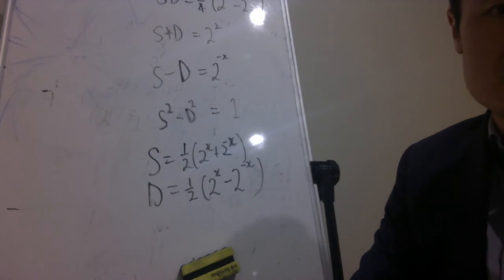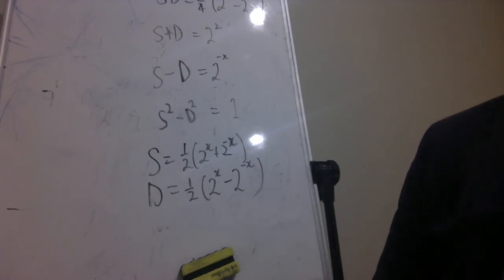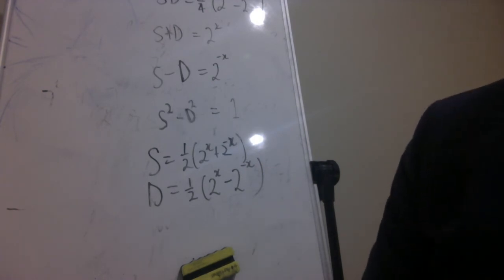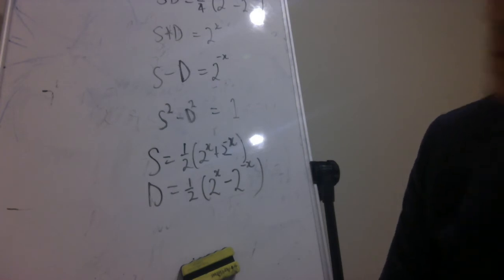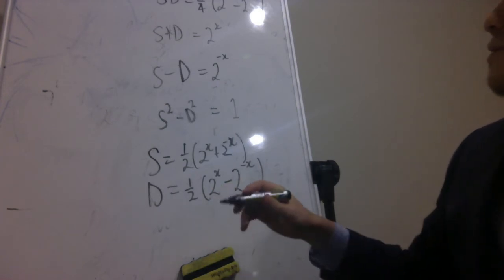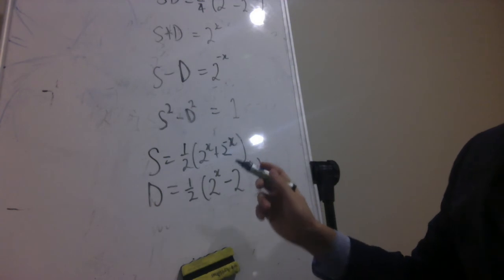This is Discussion. Rewrite the formulae for s and d as a quadratic in 2 to the x. Hence express x in terms of s and in terms of d, where x is greater than 1. Do you know what that means?